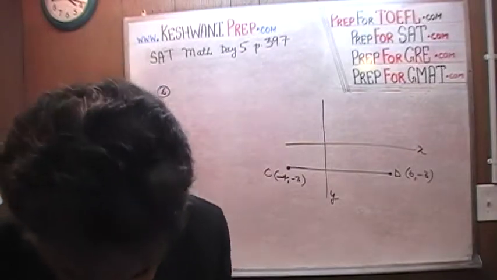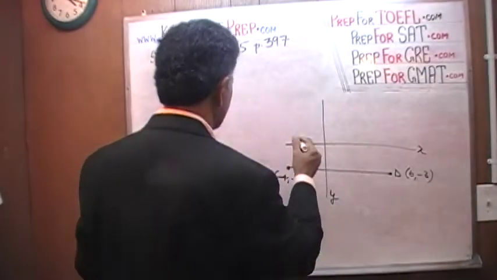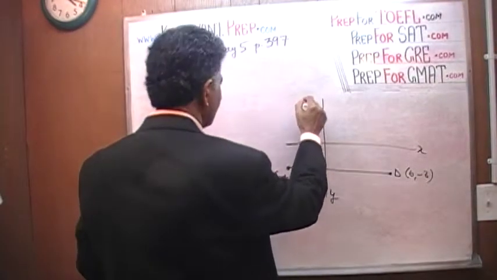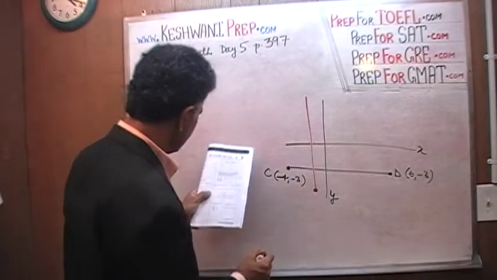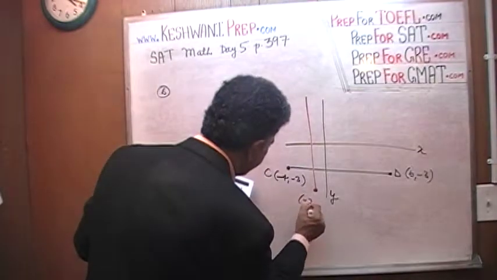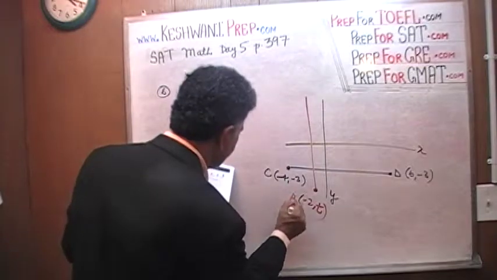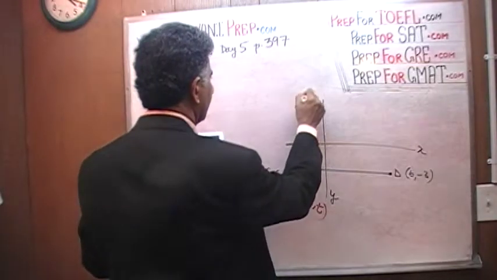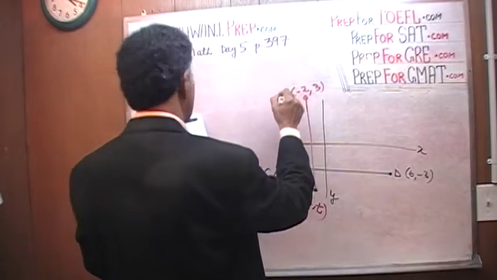Let me draw it in a different color. It's supposed to be parallel. It doesn't look parallel, but it is parallel. From -2 to T, which is your B, and from -2 to +3, which is your A.